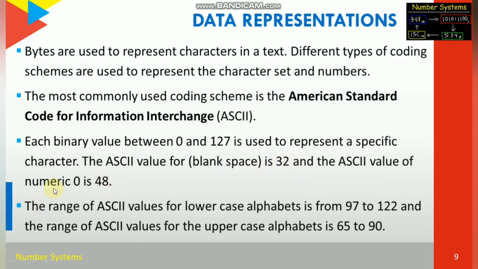The range of lowercase alphabet, from small letter a to small letter z, is from 97 to 122. The range of ASCII values for the uppercase alphabet is from 65 to 90. All these three things are very, very important 1 mark questions. They may ask even in the public exam too.